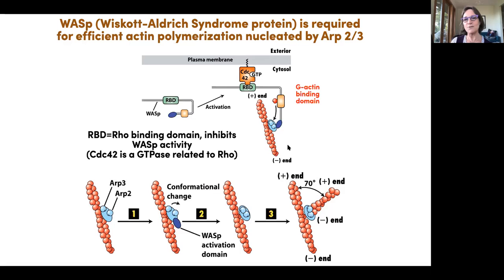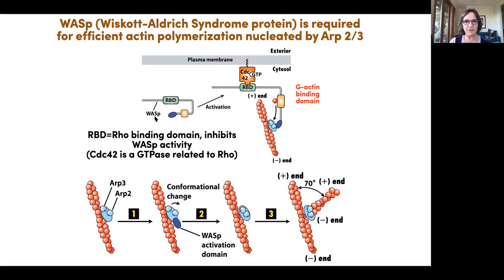But the way that this whole system works is that ARP23 can bind to the side of an actin filament. By itself, that will not efficiently nucleate a new actin filament. It needs this activating domain and this profilin binding domain from this other protein called WASP. So WASP, when it's floating around the cell by itself, is inactive.